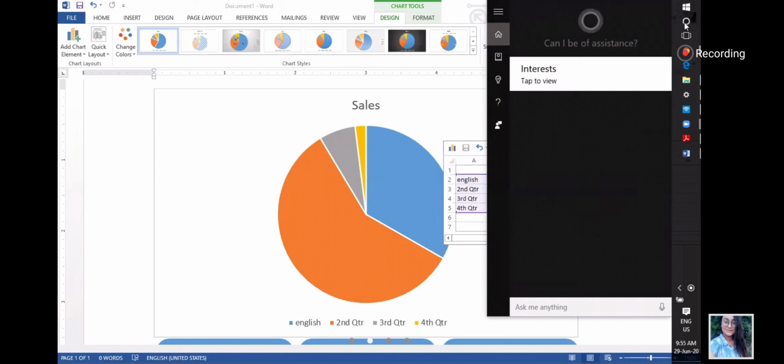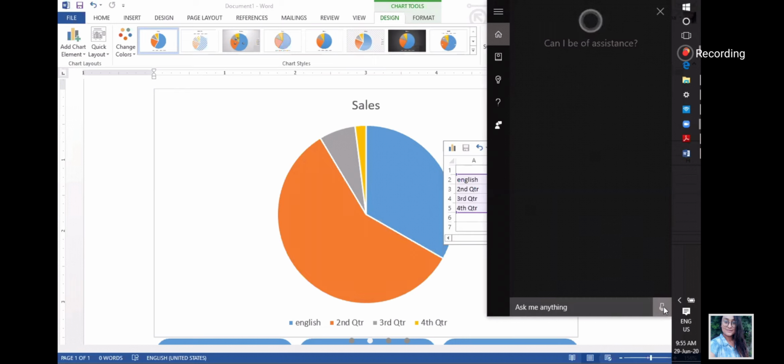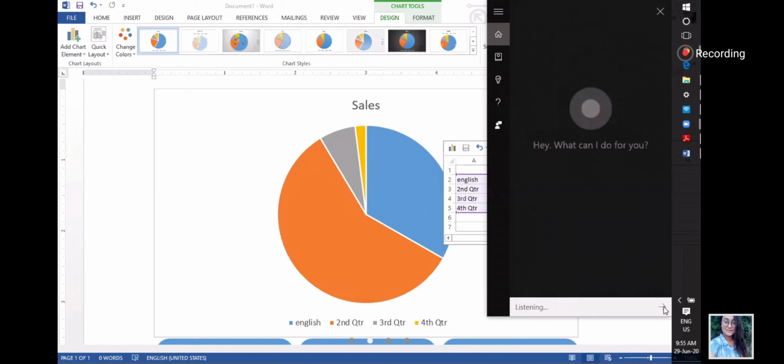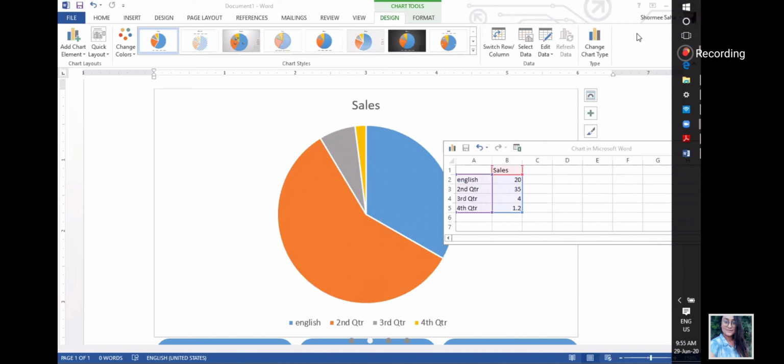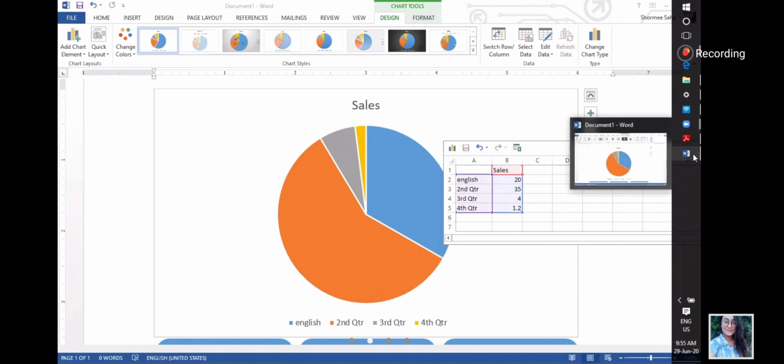Okay, it opened. "Can I be your assistant?" It told me to ask it anything. Now, tell me the temperature of Dhaka. "I'd love to help, but you'll need to update Windows first. You can do that by using Windows Update Assistant." Okay, my Windows is not updated, so Cortana will not help me.